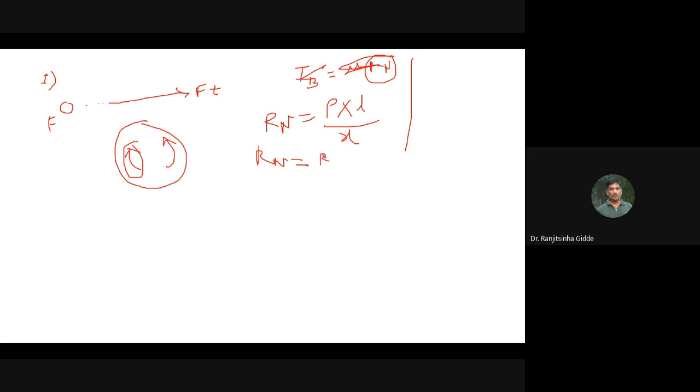So P into L upon X. Then second case, what we have seen: when the line of action of the tangential braking force, this we have seen.